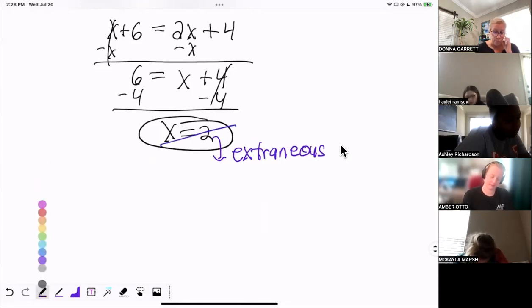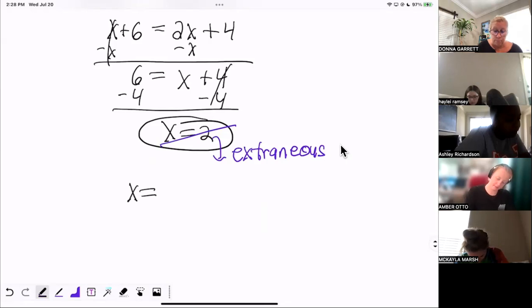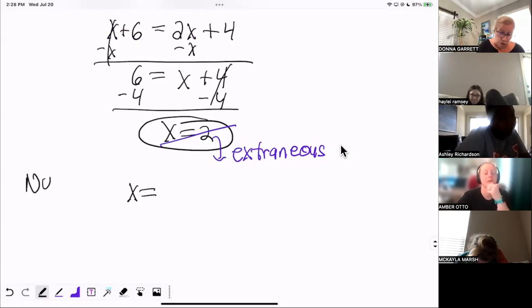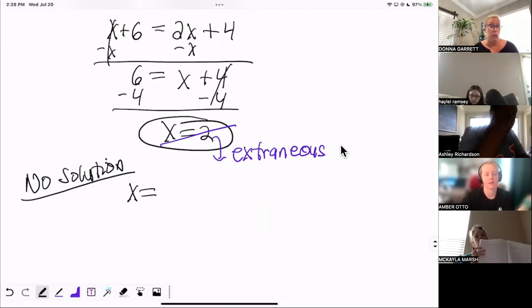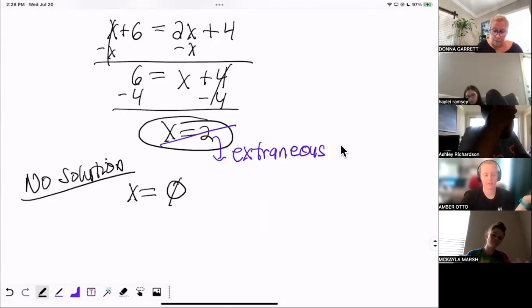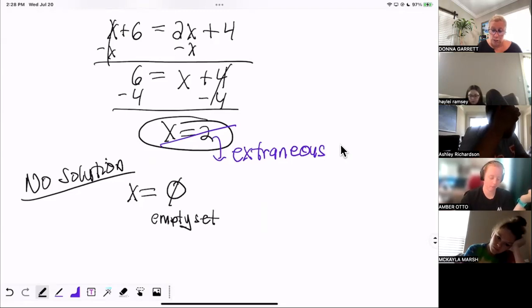So how do you write your answer? This is what you'll see in your program. You will see one of two things. You'll see, in my words, there's no solution. If you were doing a test for me on paper, you would put no solution, but you're not. So this is what you put on a computer. That's called the empty set, which means there's no solution.